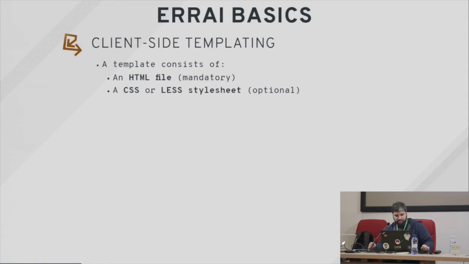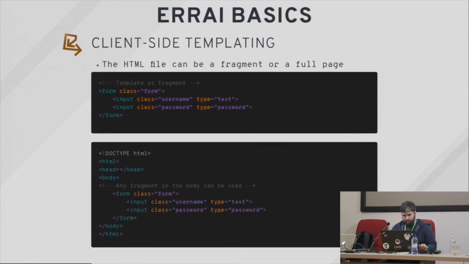So the template file, like I said, is pure HTML5. At minimum, that's going to be a single HTML file. Optionally, you can include a style sheet, which can be CSS, or it can be a less style sheet that Errai will compile to CSS for you. Here are a couple examples of template files that you can use in Errai.